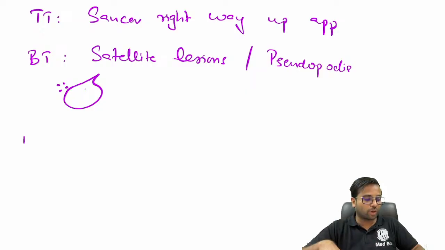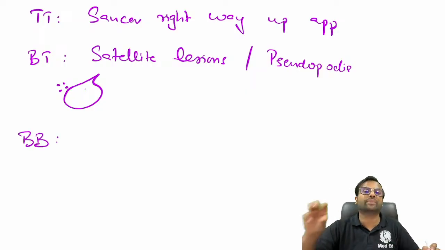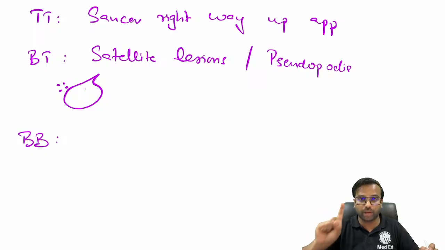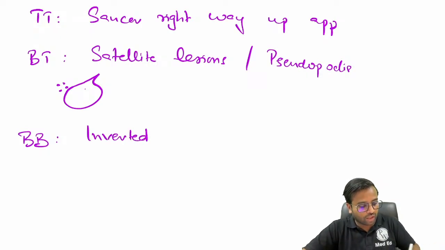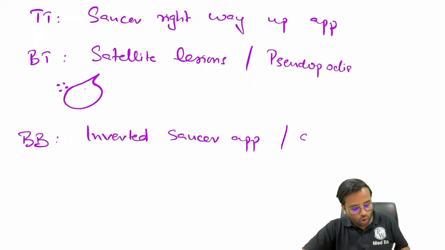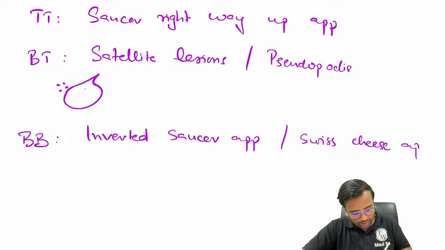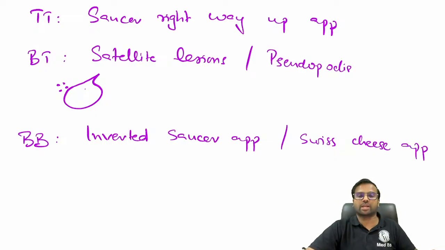After borderline tuberculoid, we have a borderline. MCQ will say that there is a hypopigmented patch along with sensory deficit, and this hypopigmented patch has an appearance similar to an inverted saucer appearance or a Swiss cheese appearance.